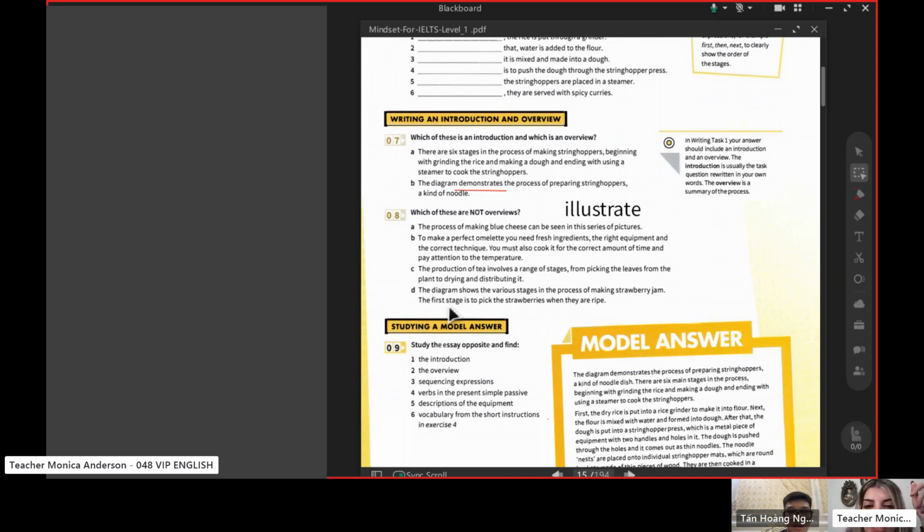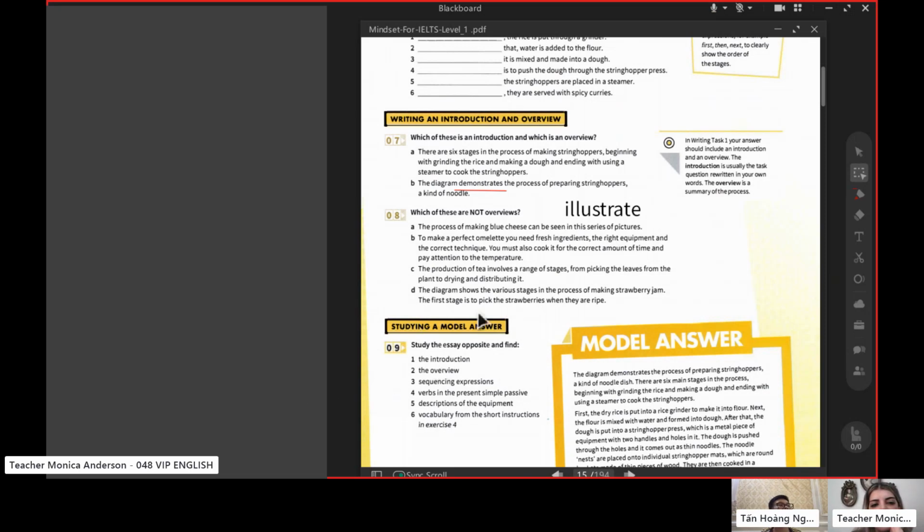Okay, well, let me read something. It's not, you say, or it is. It is not. Okay. To make a perfect omelet, you need fresh ingredients, the right equipment, and the correct technique. You must also cook it for the correct amount of time and pay attention to the temperature. Why is it not an overview?